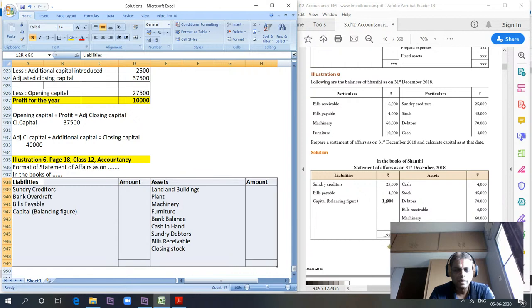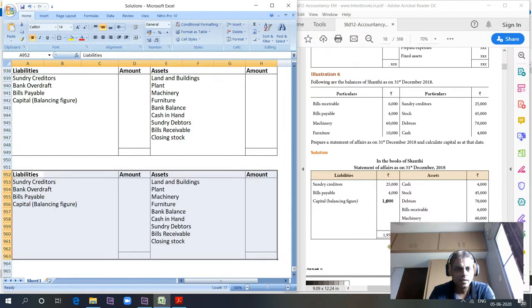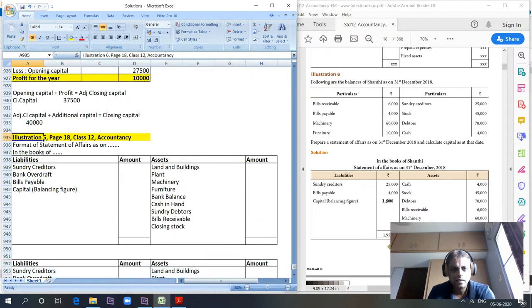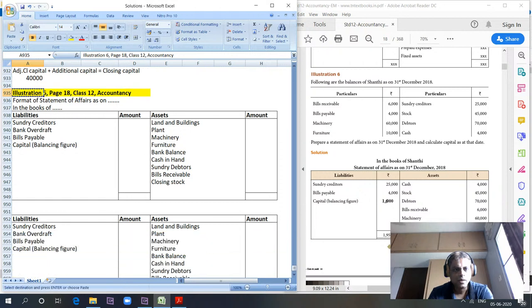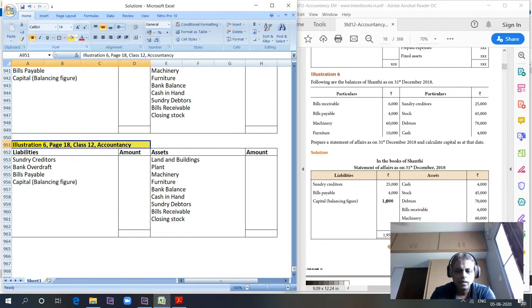Let's copy the format for easy reference. So this is the sum we are working on. I'm highlighting it for the reference of students. Now we have the format available in front of us.